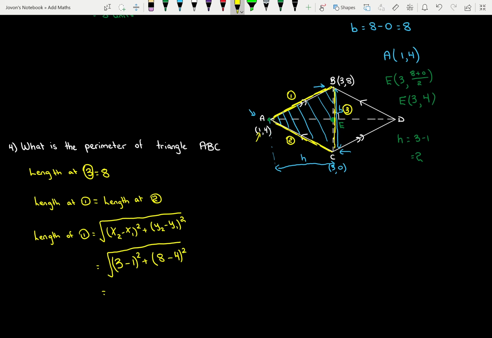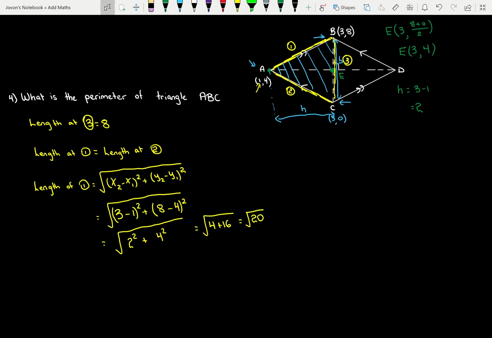So this is equal to the square root of 2 squared plus 4 squared, which is the square root of 4 plus 16, which is the square root of 20. So the length of side 1 is equal to the square root of 20.